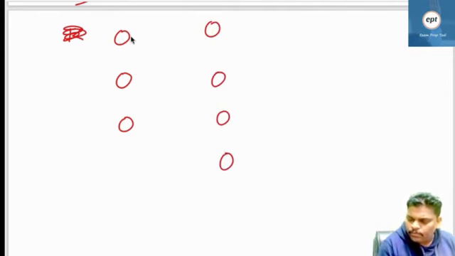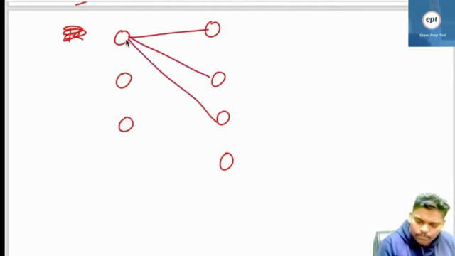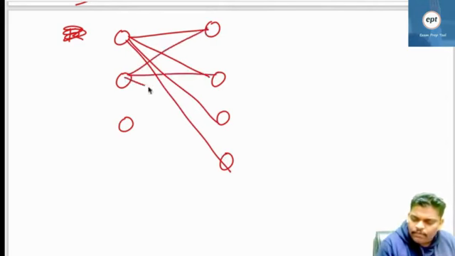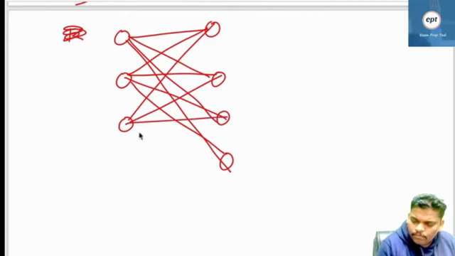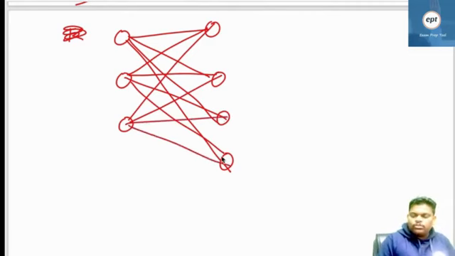Careful. Manually this topic is complex because so many edges are there. Giving color is very difficult. Manually this topic is difficult.